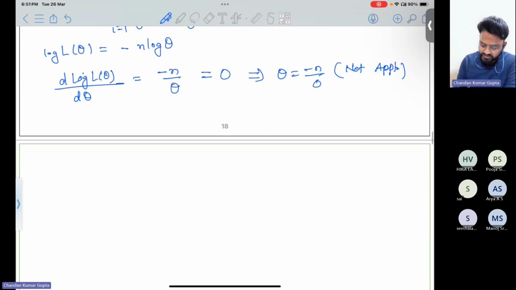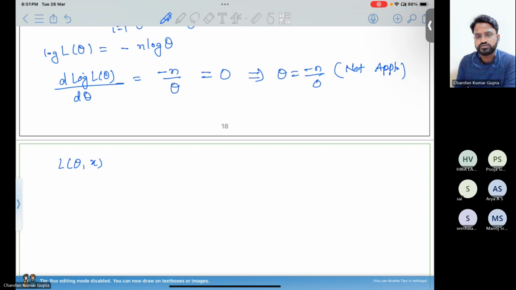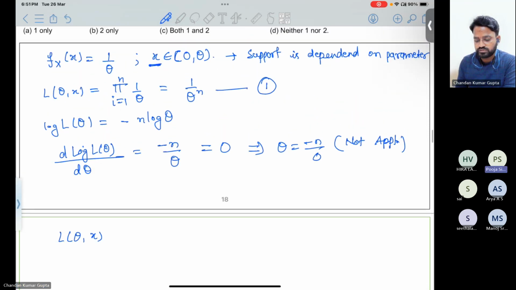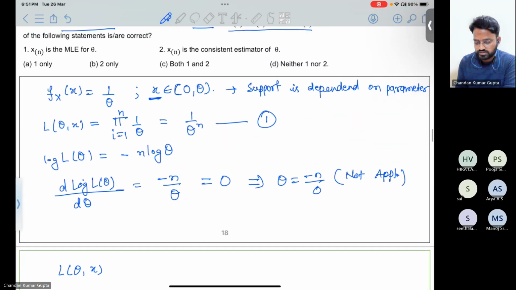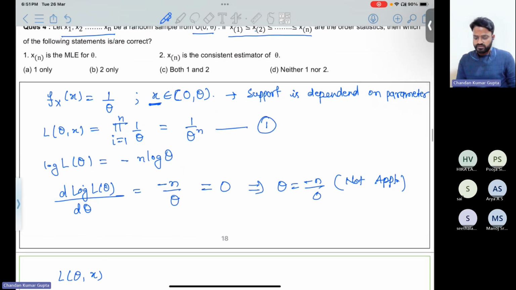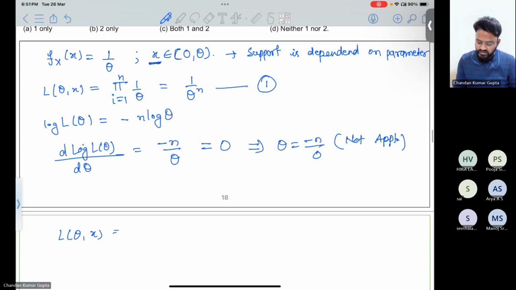Okay, wait. Here we need to maximize the L(theta, x) function. Suppose we fix the value of theta, or we fix the value of n.